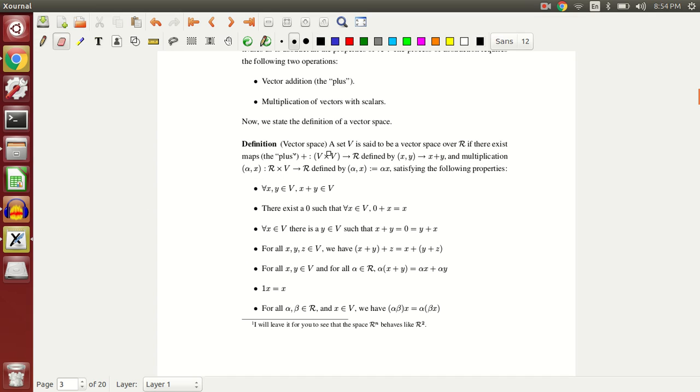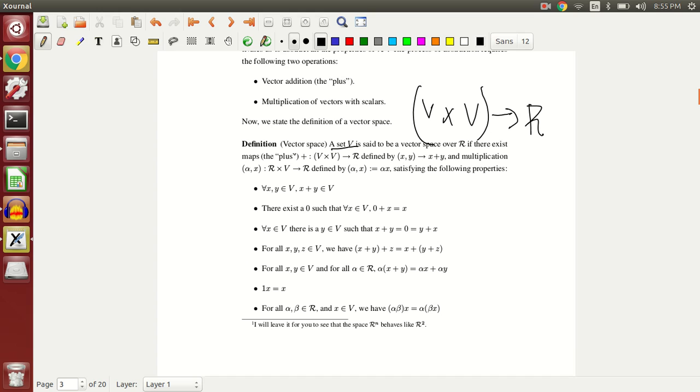A vector space V is said to be a vector space over R if there exist maps: the plus, from V cross V to V, defined by x plus y, and the multiplication, which is basically a scalar multiplication. You have a mapping from a real value cross a vector that is mapped to a vector.